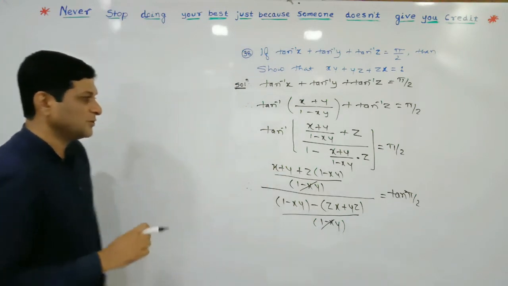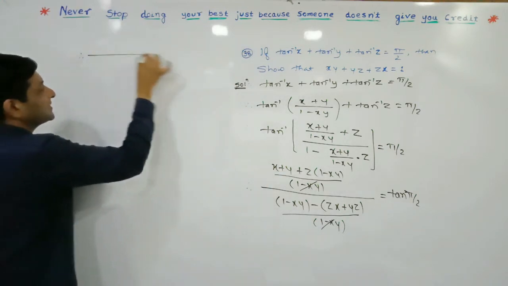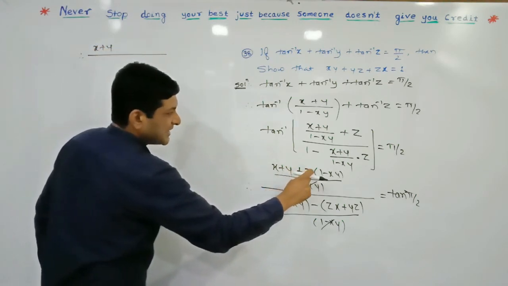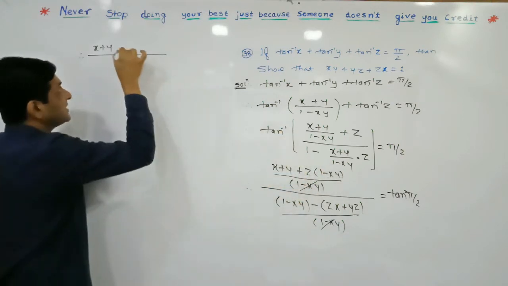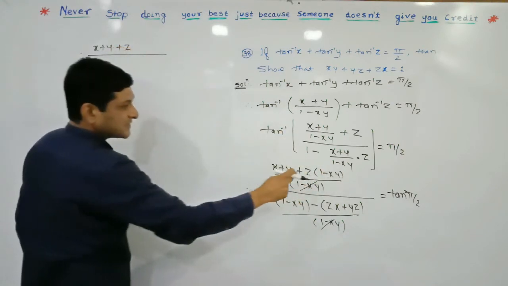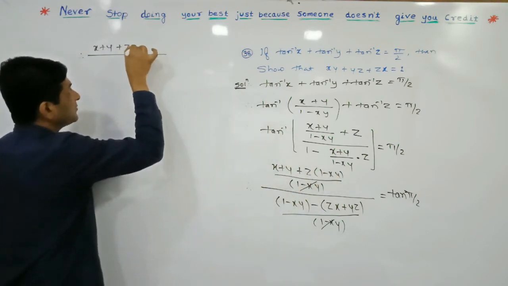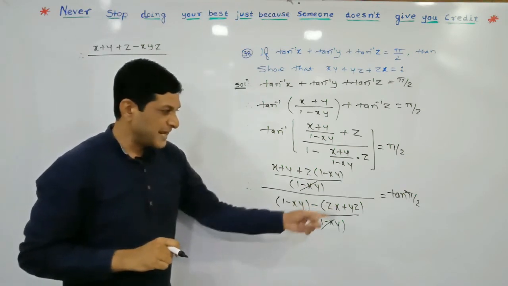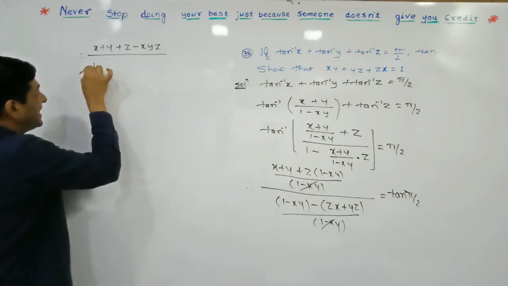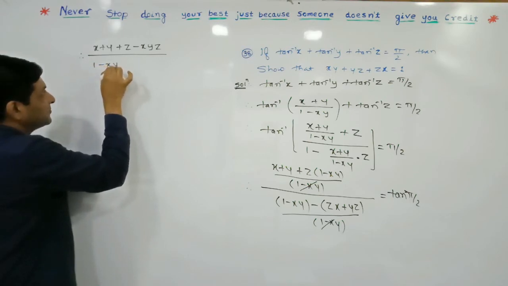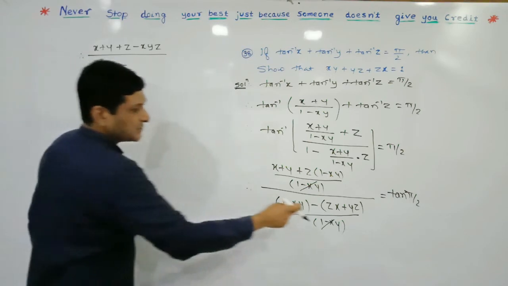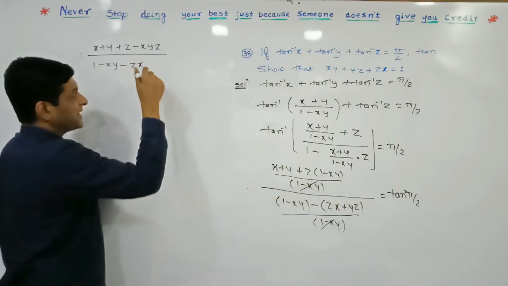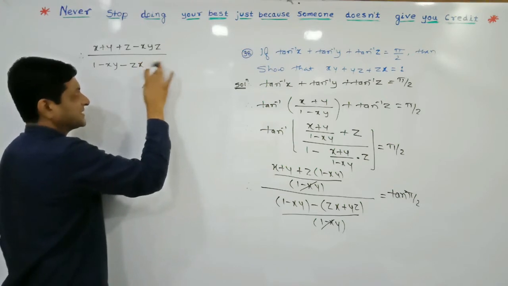In the numerator, we have x plus y, and multiplying z to both terms in the bracket, z into 1 is z, and z into minus xy is minus xyz. In the denominator, open the bracket: 1 minus xy, minus into zx gives minus zx, and minus into plus yz gives minus yz.